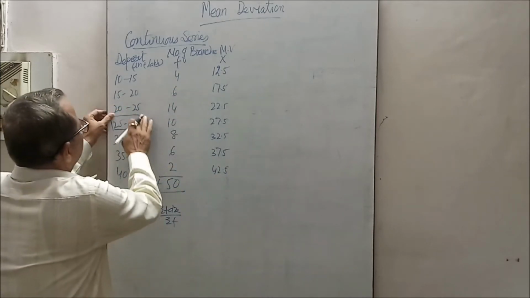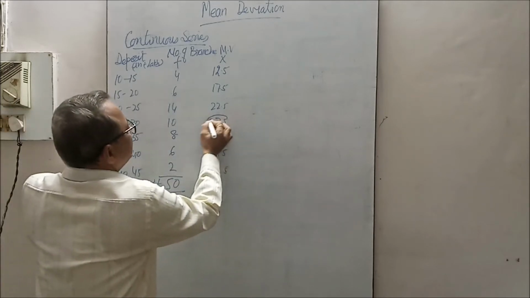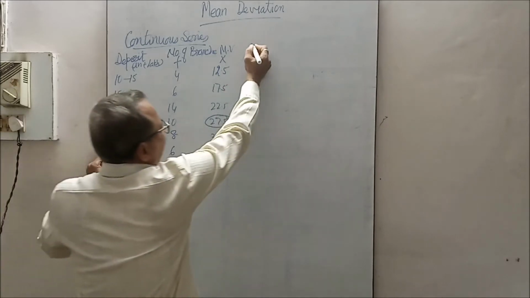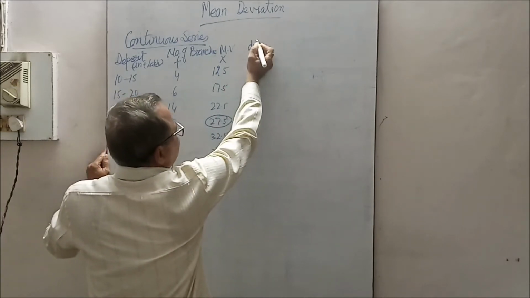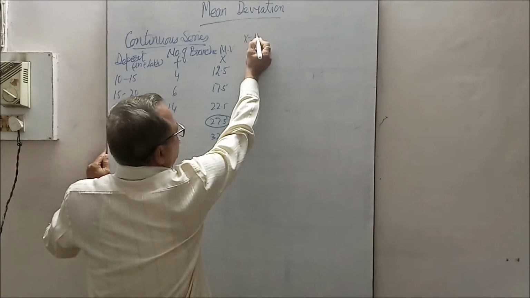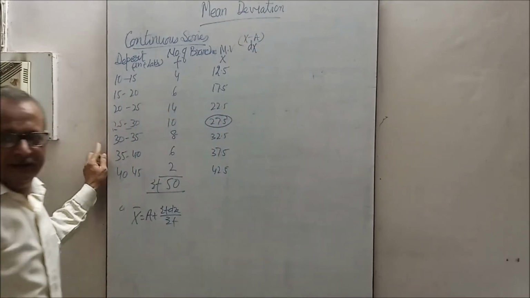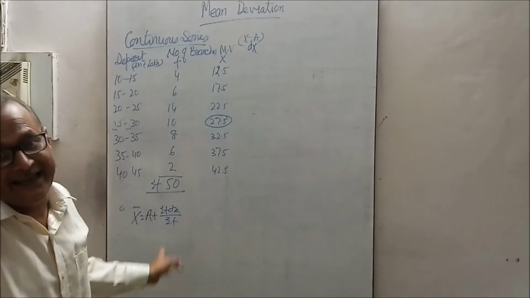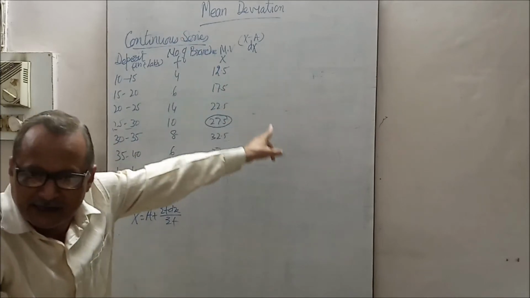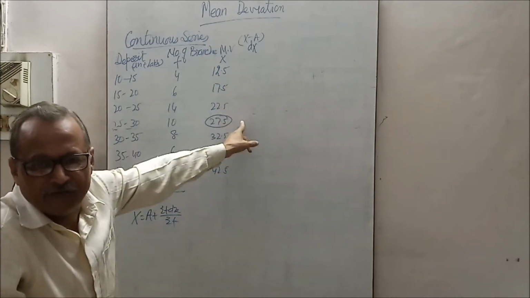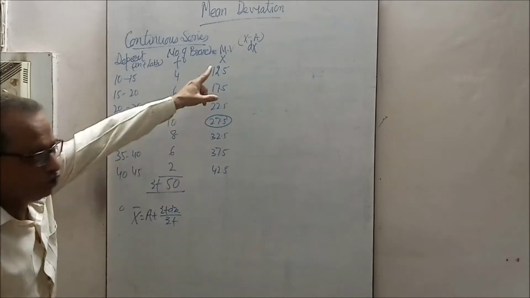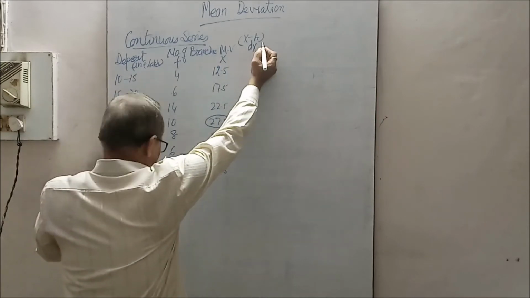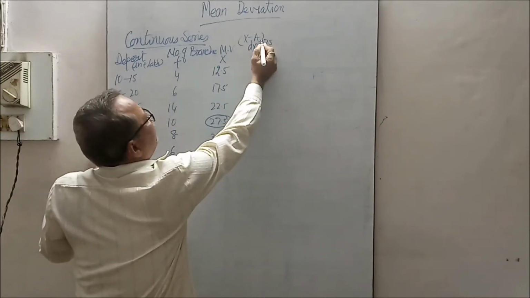One of these is taken as the assumed mean, and from the assumed mean we will find the deviation, x minus assumed mean, to find the actual mean. The assumed mean is presumed at 27.5.